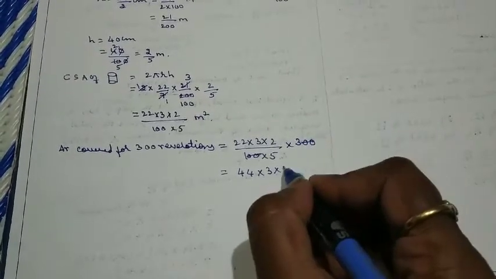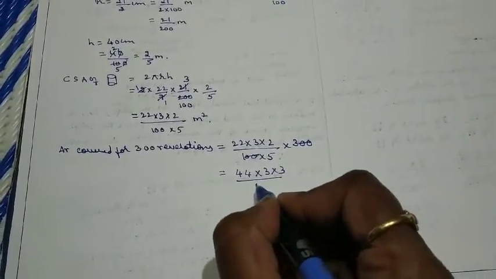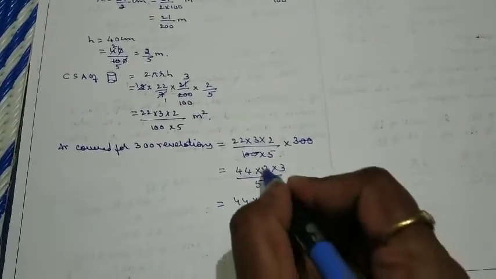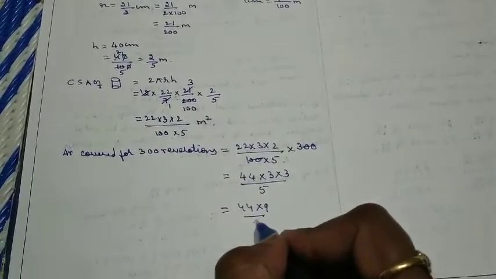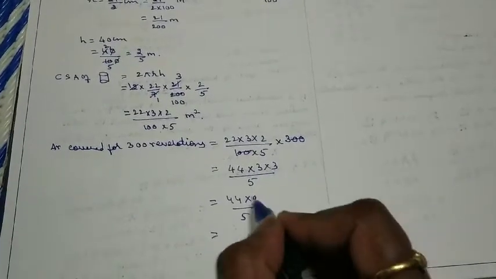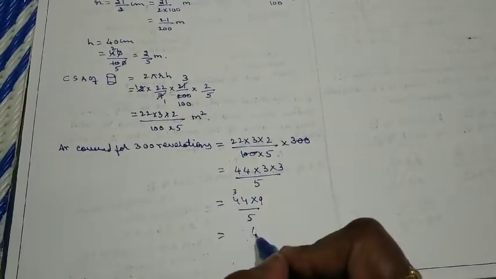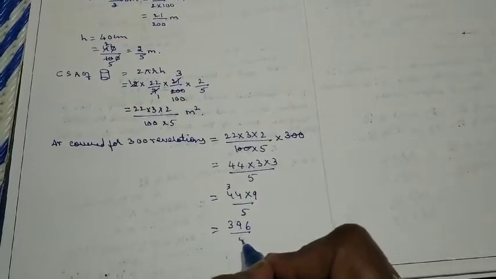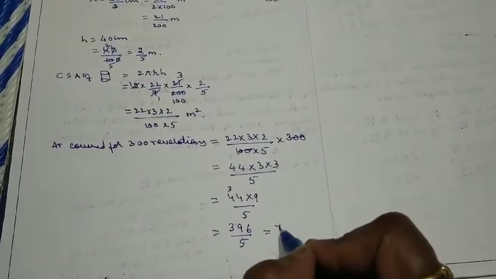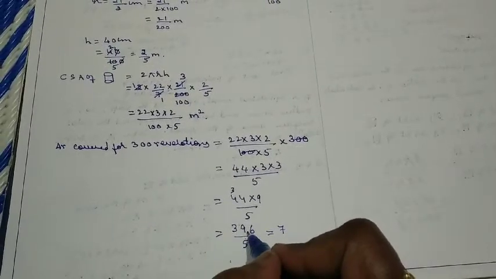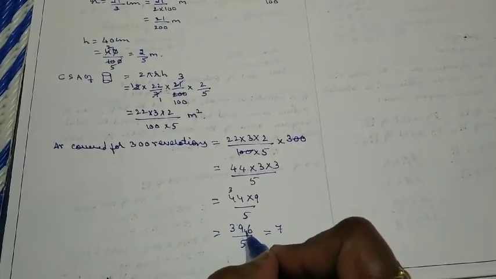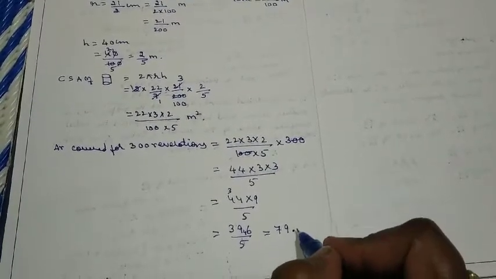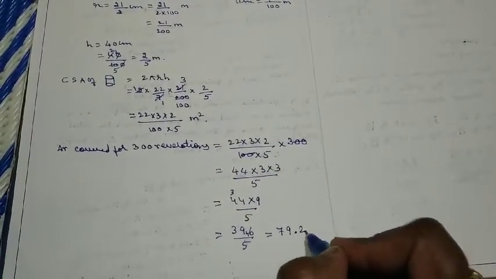and here 3 divided by 5, which is equal to 44 into 3, 3 is 9 divided by 5. Then 9 fours are 36, 36 plus 3 is 39 divided by 5, then 5 sevens are 35, 4 remains, 5 nines are 45, 0.1 remains, then 0.0, then 5 twos are 10.